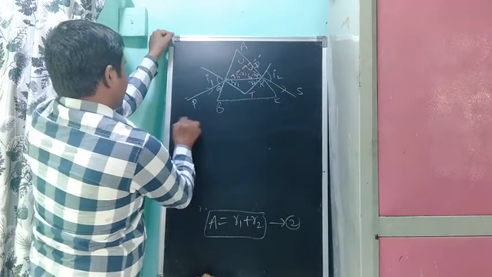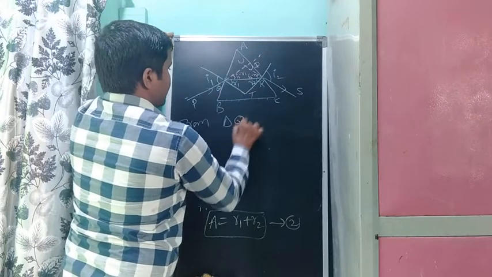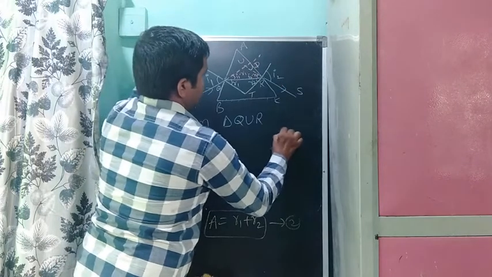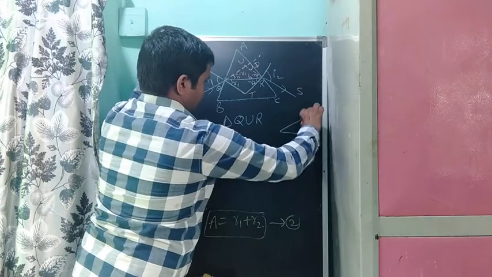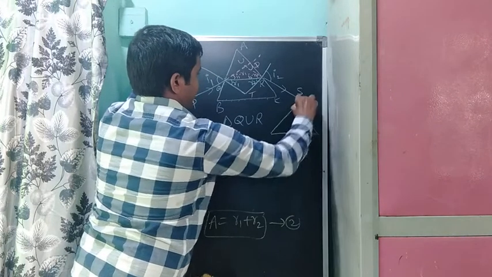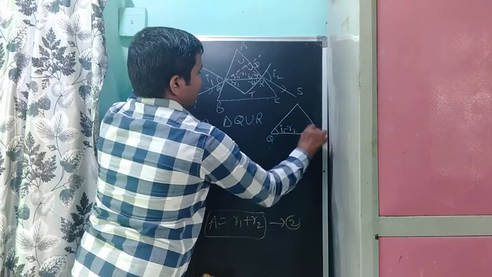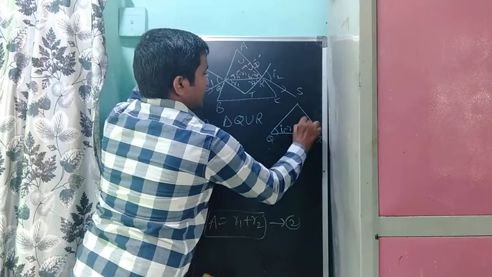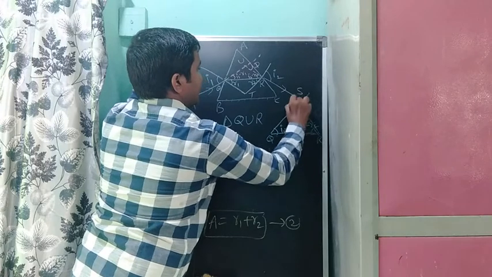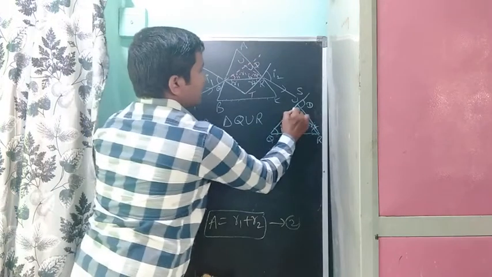Again, from the triangle QUR, if we draw the triangle QUR separately, here at Q the angle is I1 minus R1, at R the angle is I2 minus R2, and at U this is D. The total angle is 180 degrees.